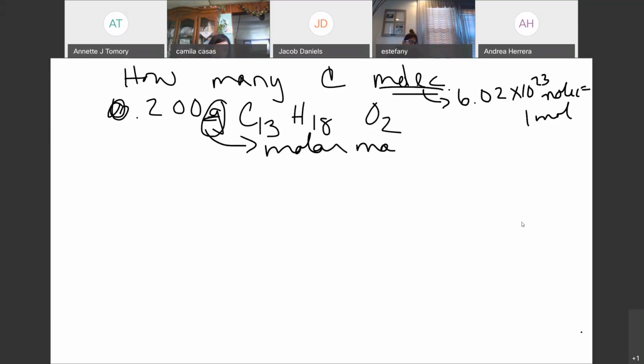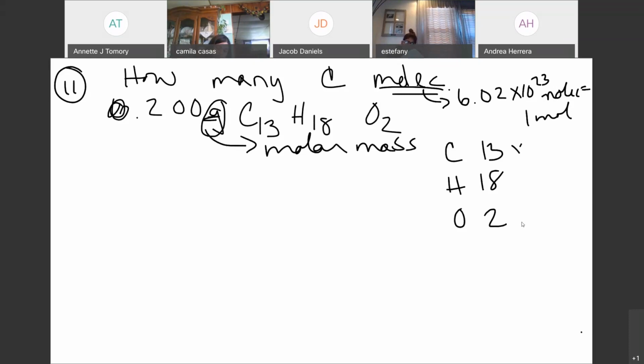What number am I working on? 11, you said? Is this number 11? Yeah. All right, I want to put number 11 up there just so I know. All right, so this is carbon, hydrogen, and oxygen. Carbon is 13. Hydrogen is 18. Oxygen is 2. That's how many I have of each.